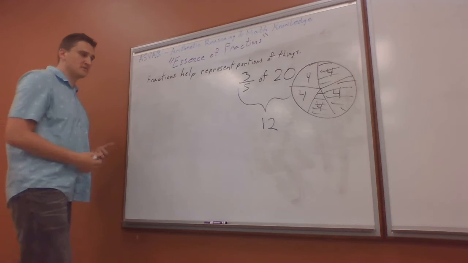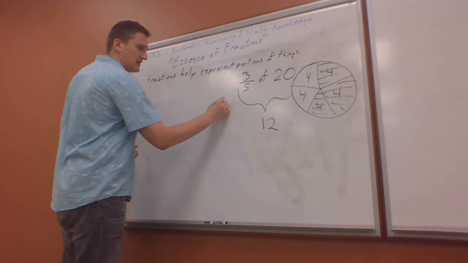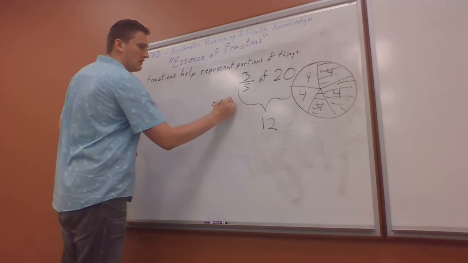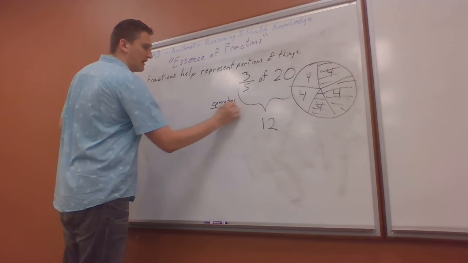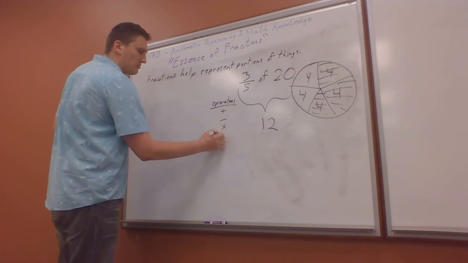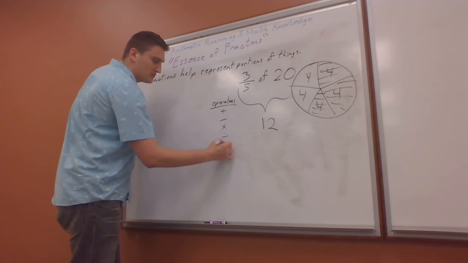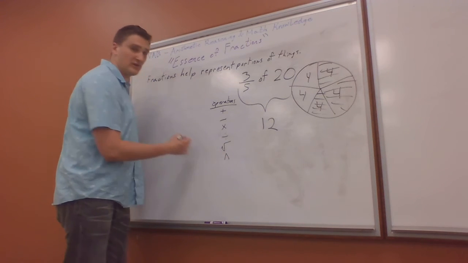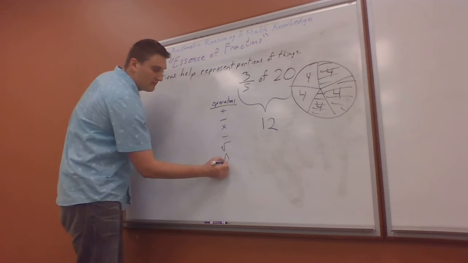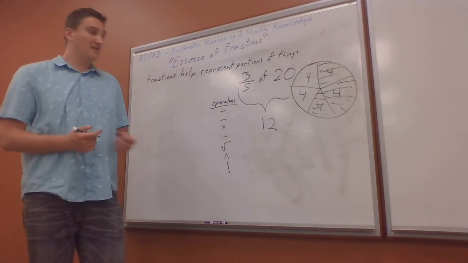When it comes to operations, what are the operations here? Let's list them. The operations that we're pretty comfortable with should be addition, subtraction, multiplication, division. You may know roots. You may know powers or exponents. You might even know factorial, which gets a little bit more handy when we deal with probability.